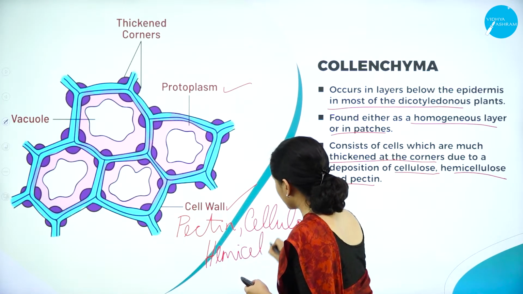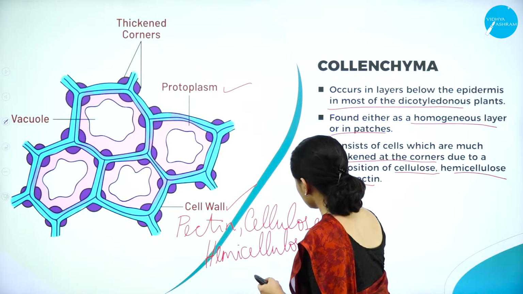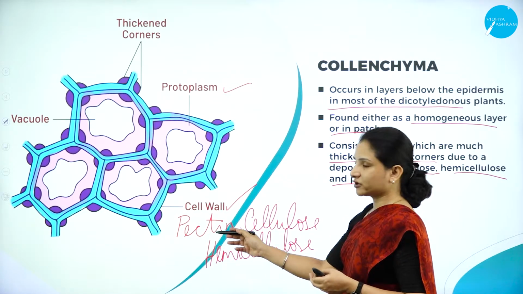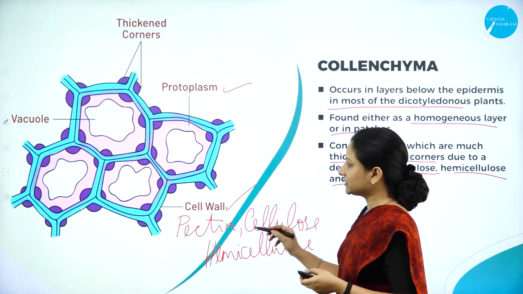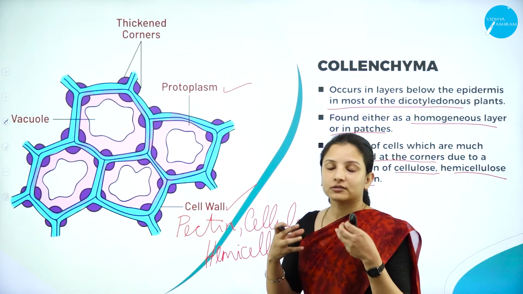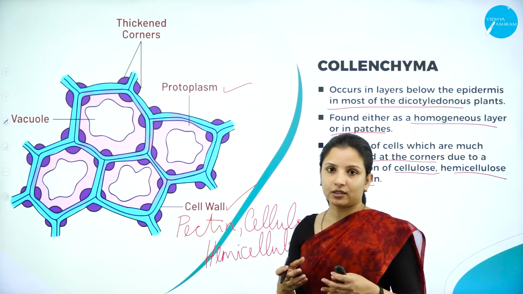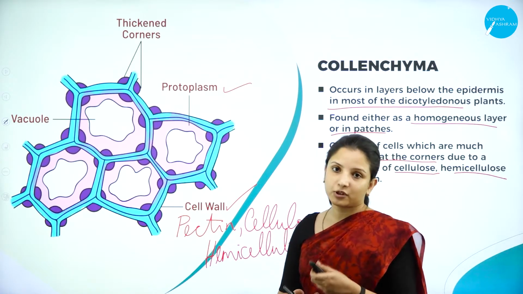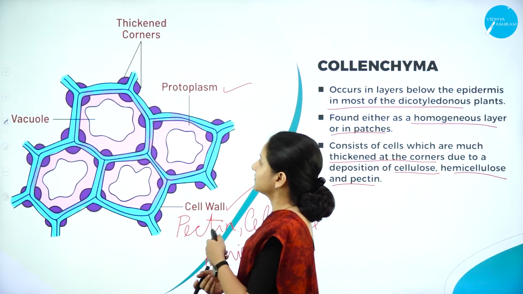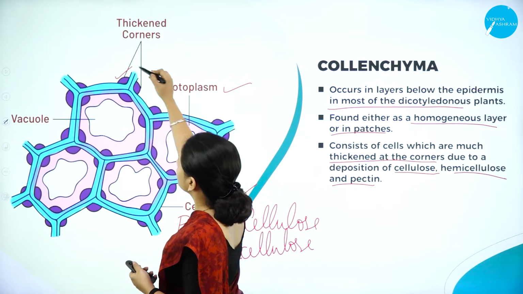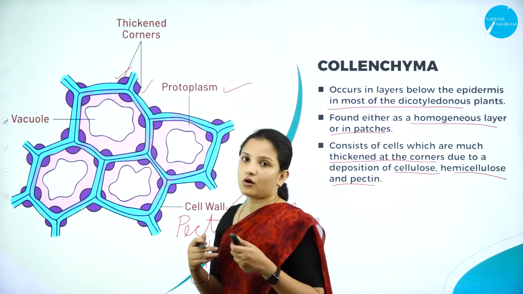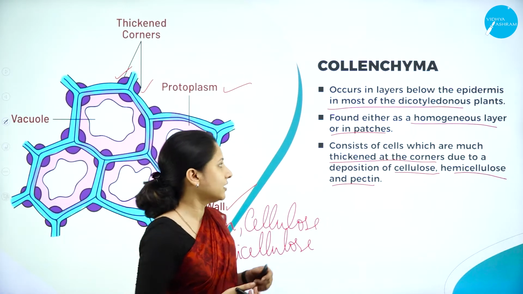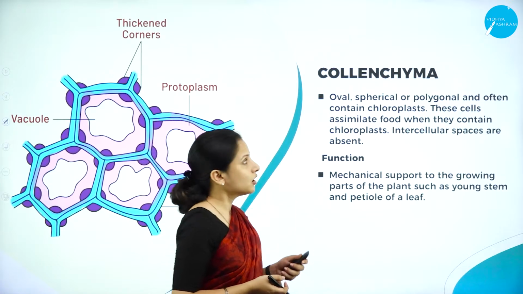Because of the deposition of pectin, cellulose and hemicellulose, there is thickening of the cell wall, and because of this thickening, there is no space between the collenchyma cells. Therefore they have thick corners. That is why there are no intercellular spaces. So this is about collenchyma.